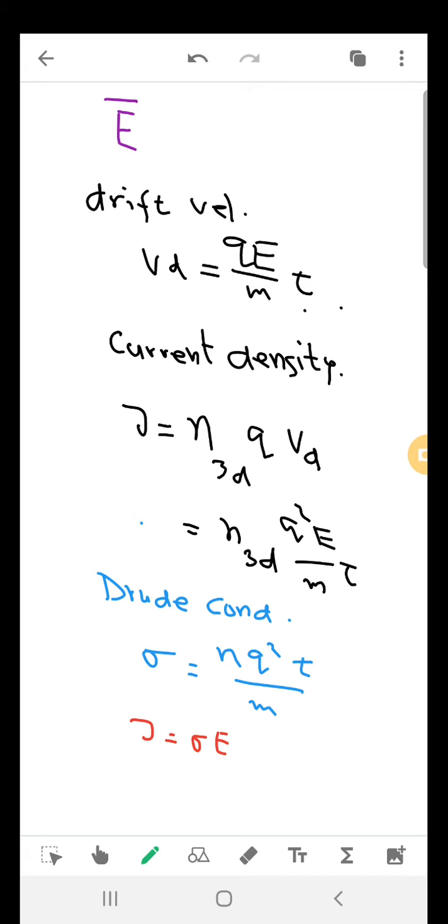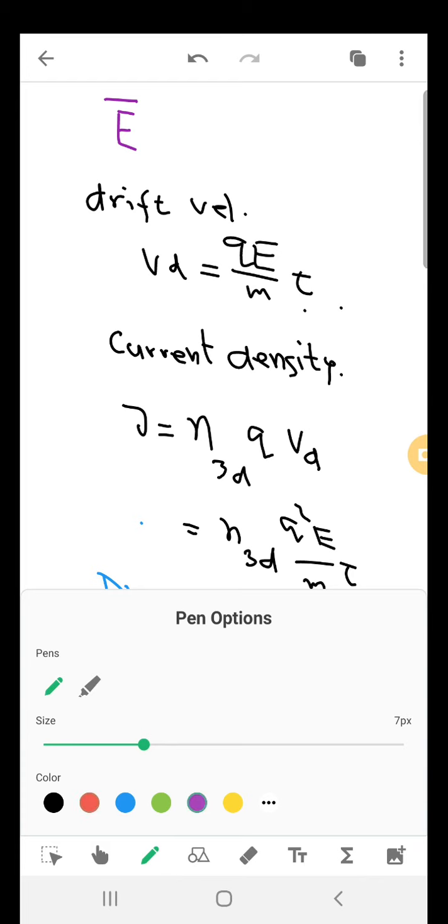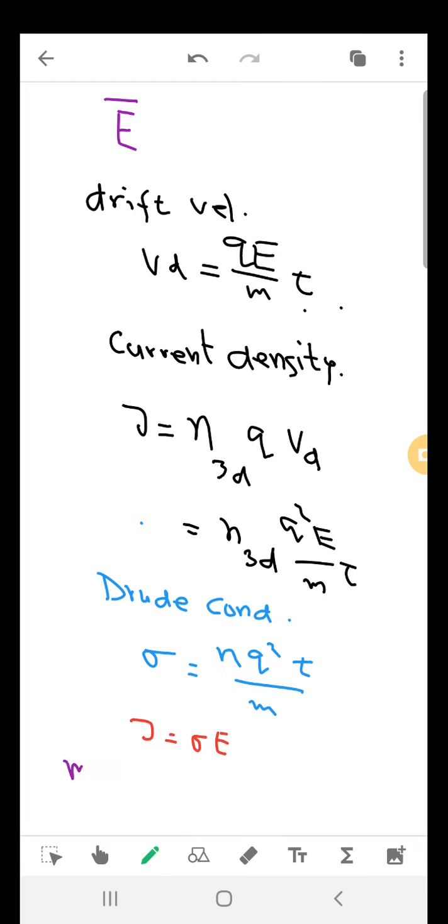So this is the conductivity, and the mobility mu is equal to Vd by E, which is again equal to qτ by m.